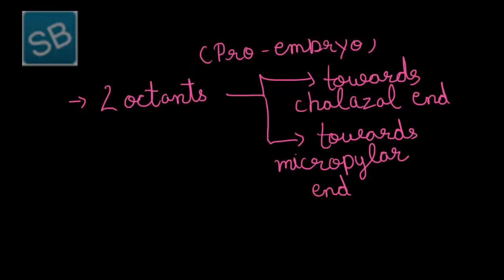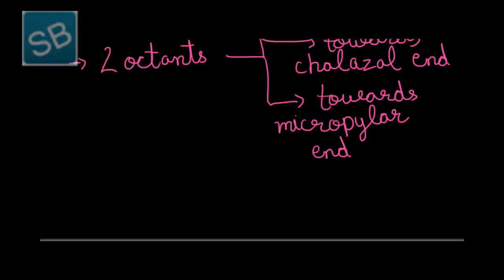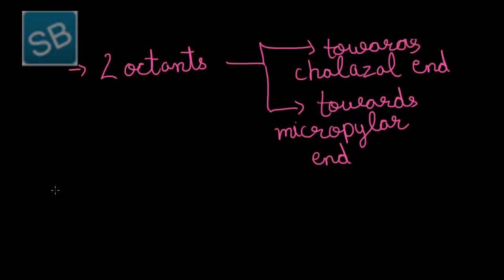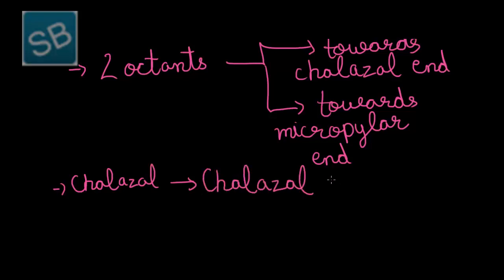Therefore, the one octant that is located towards the chalazal end is known as chalazal octant or apical octant.